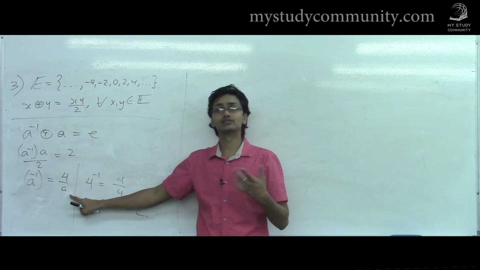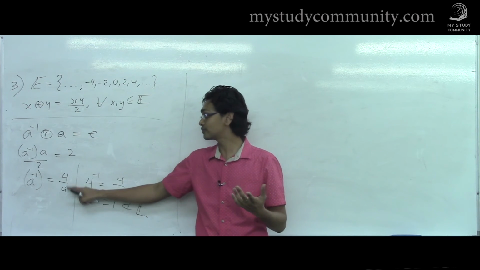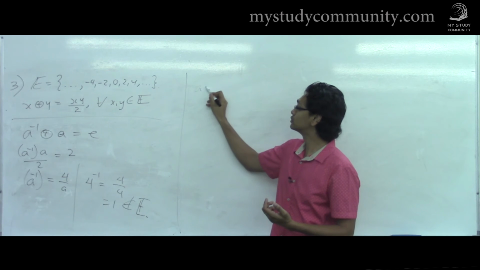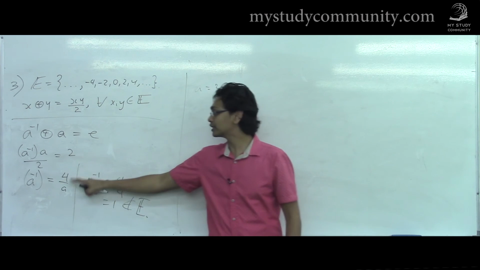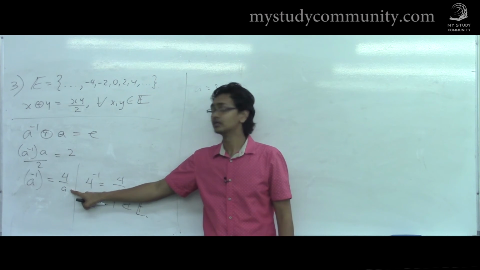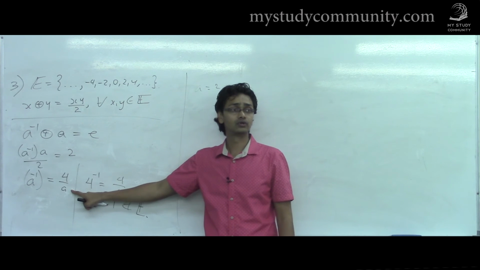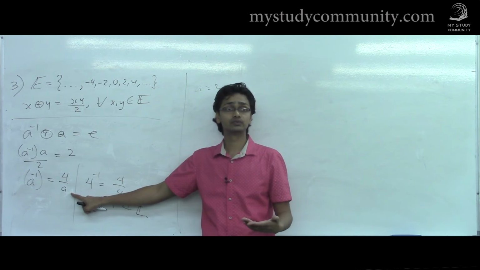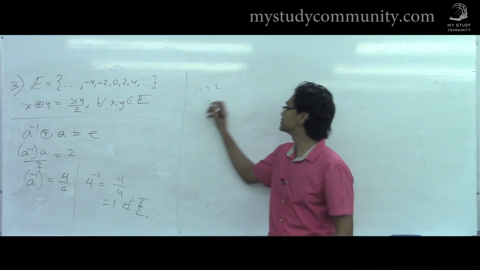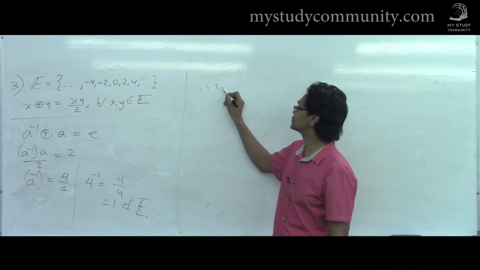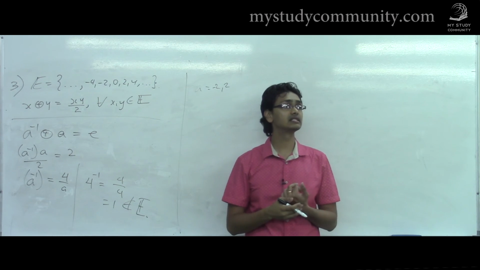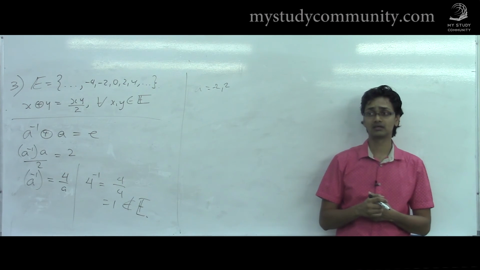Could it be 3? The answer is no, right? Because you get 4 over 3, which is not here. So if A is 2, then I'm going to get 2. You all seen that? Could A be 0? No, because I have division by 0. Could A be negative 2? Yes. So 2 and negative 2 would be the only two elements that have inverses.